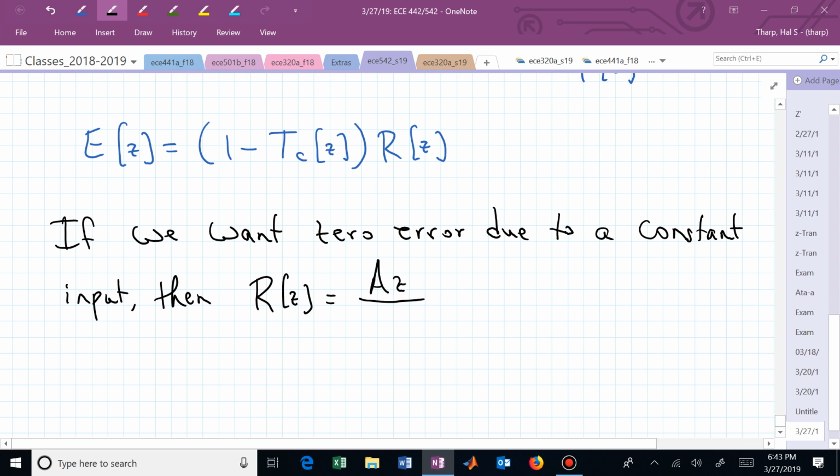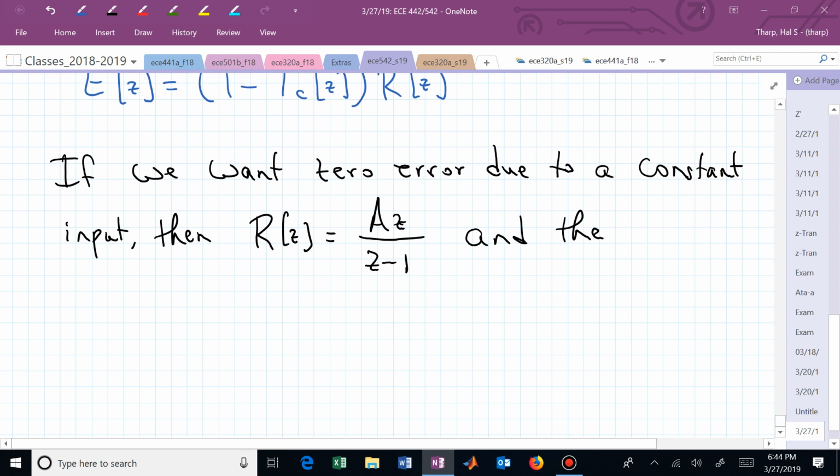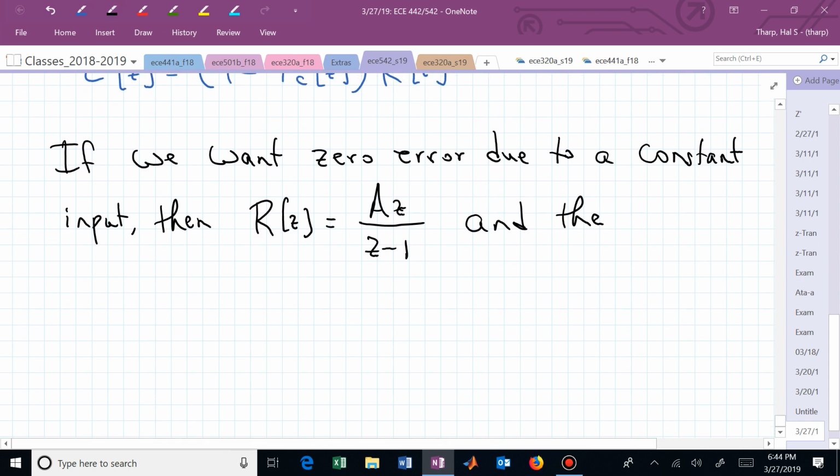It's now AZ over Z minus 1. And we can now apply the final value theorem to see what happens to the error signal if we're trying to obtain zero error due to a constant input.